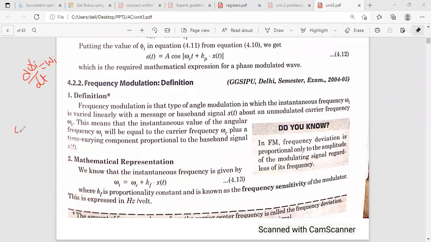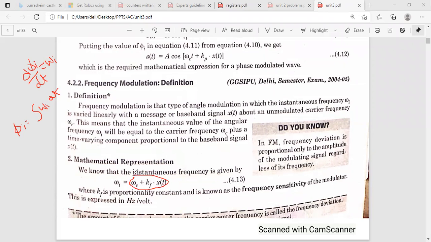So from this you can write phi I is equal to integral of omega I into dt. So just you have to substitute this one.